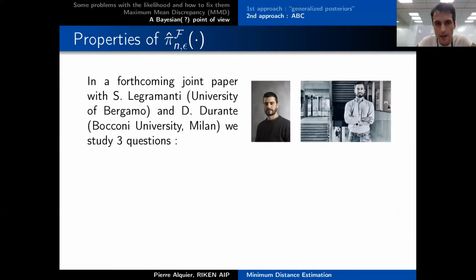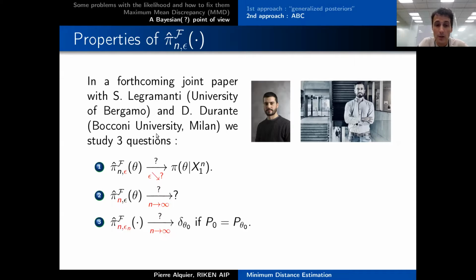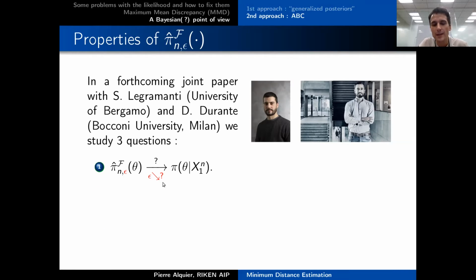So we are currently finalizing a paper. It's written, we're just rereading it, and it should be on arXiv by the end of the week, or maybe next week, hopefully, with Sergio Legramanti and Daniele Durante. And we studied three questions related to these pseudo posteriors. Essentially, if epsilon tends to 0, you recover something that is not very far from the correct posterior.